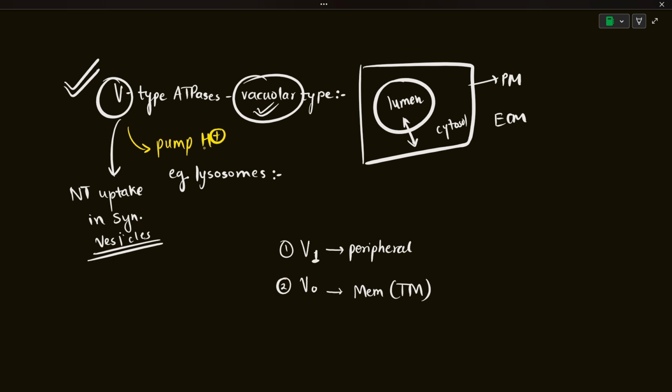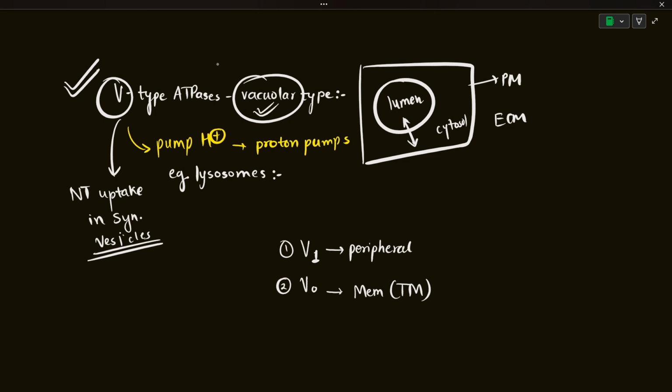They acidify the intracellular compartments and the extracellular environment. Wherever they are present, they maintain the proton gradient, and the maintenance of proton gradients helps in the uptake of neurotransmitter and in maintaining the acidic environment in the lysosomes.